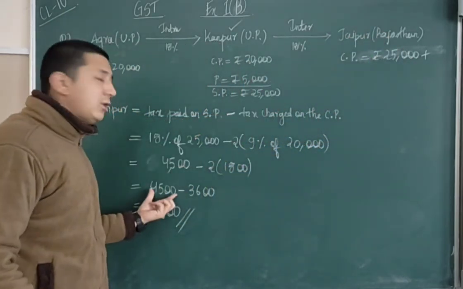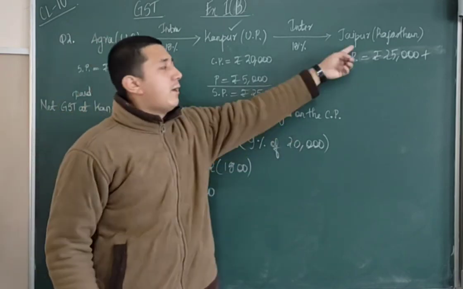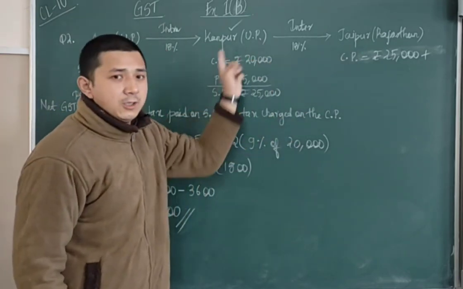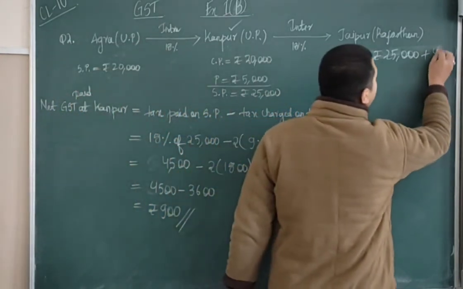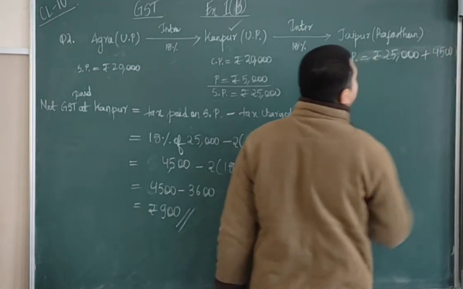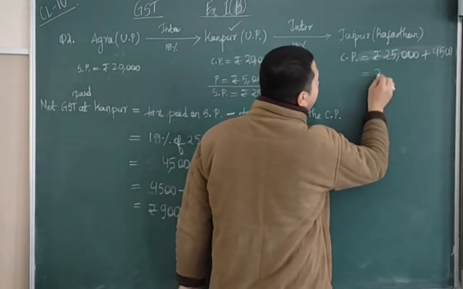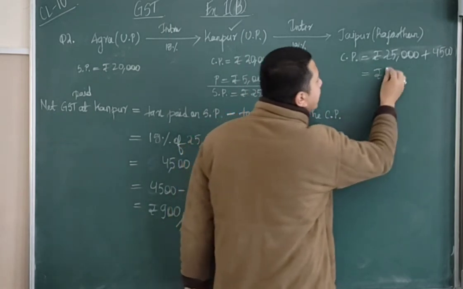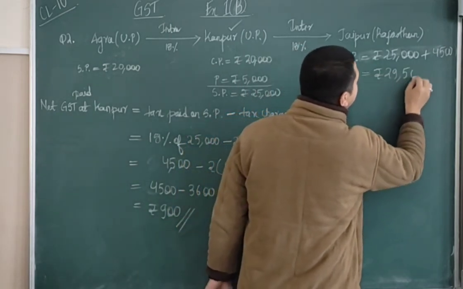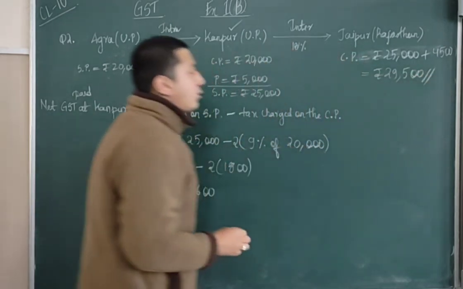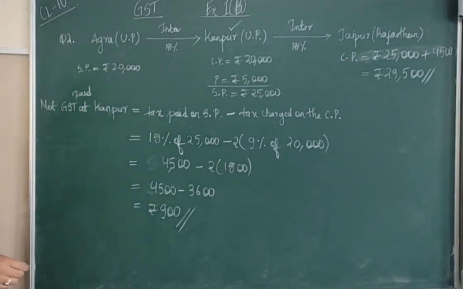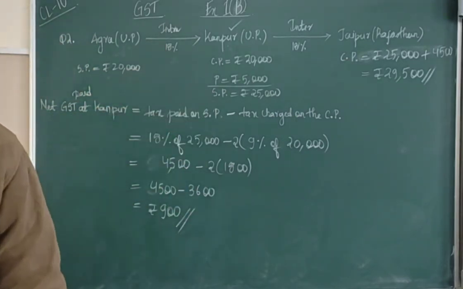Plus this GST also is charged to him. So therefore plus 4,500 also he has to pay, which will give you a total of 29,500. That will be the cost of the goods at Jaipur. So please pause the video, note it down till here.